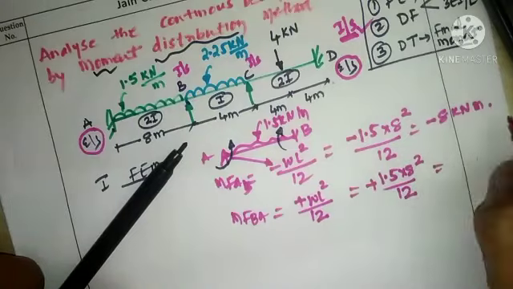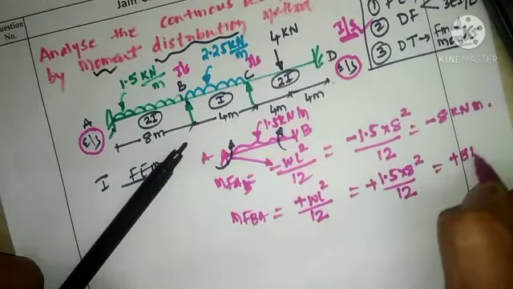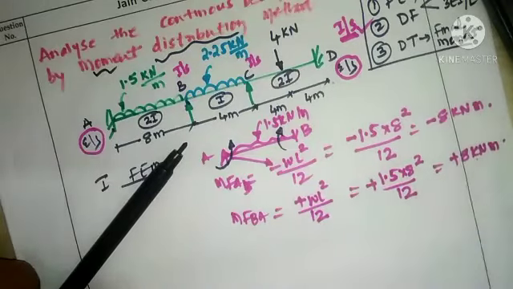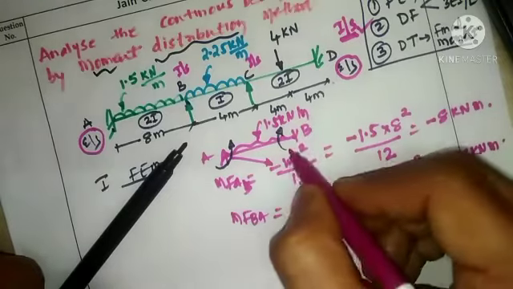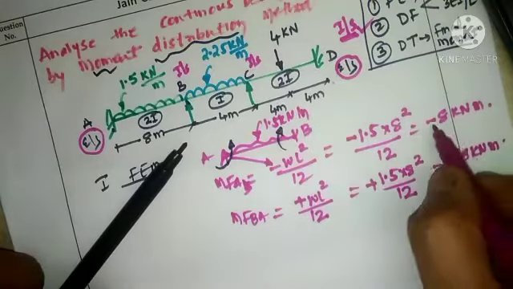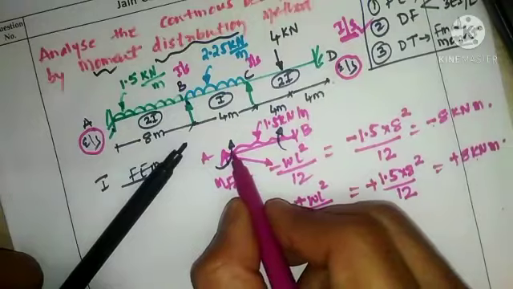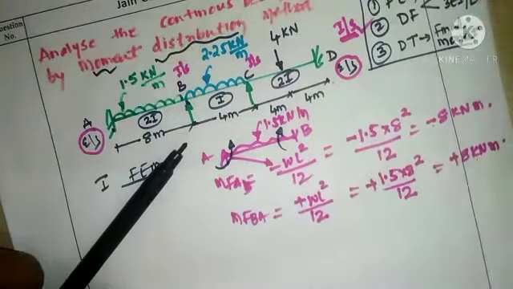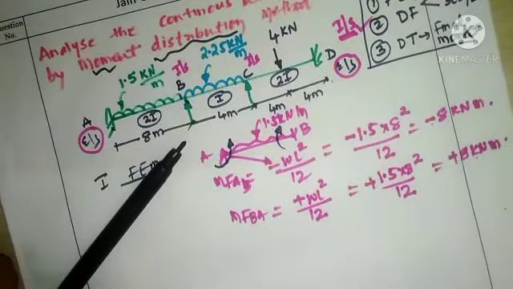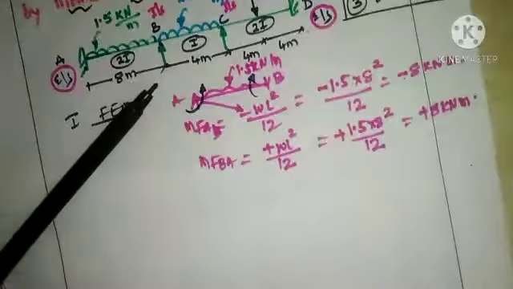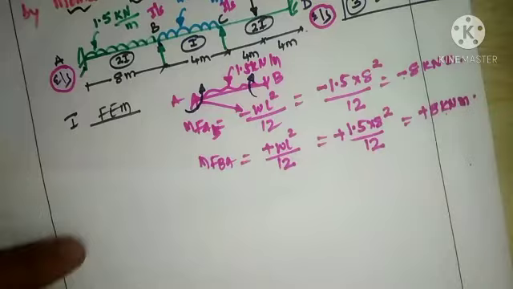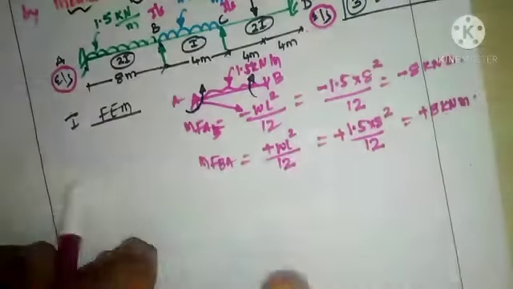Since both are the same, it will be plus 8 kilonewton meter. It is plus because the direction of rotation is clockwise, whereas at A it is minus because the direction of rotation is anti-clockwise. So this is the calculation of fixed end moments pertaining to span AB.